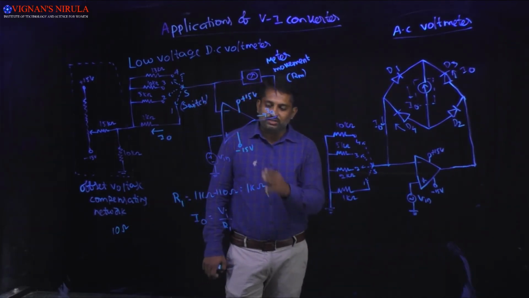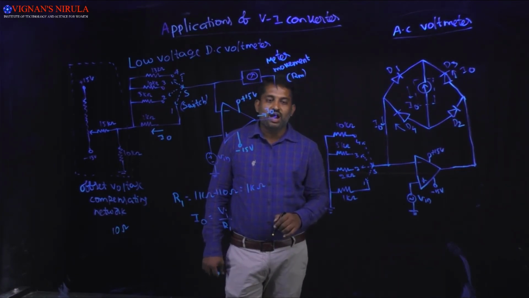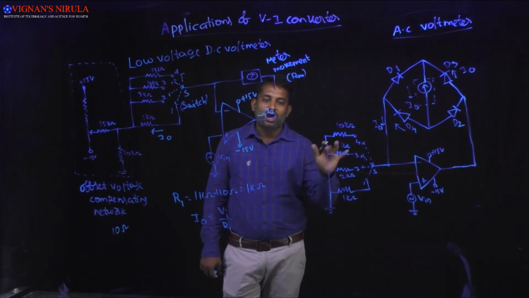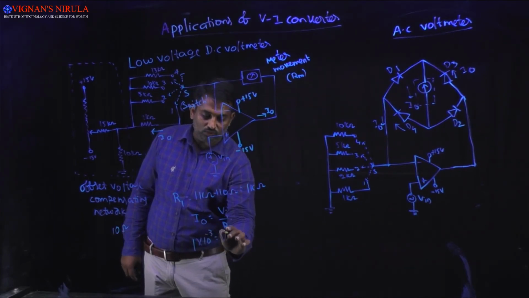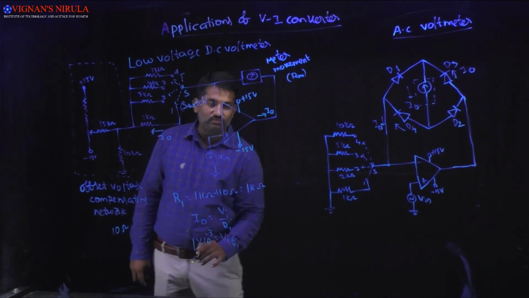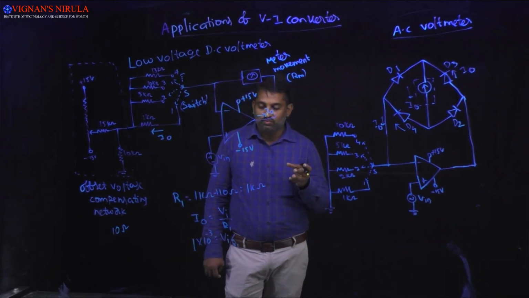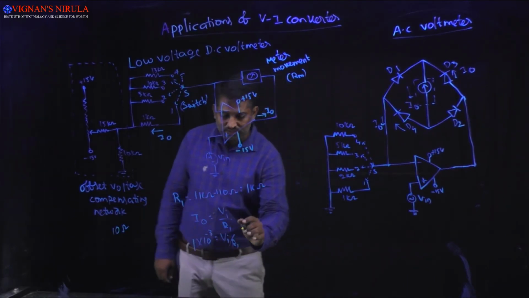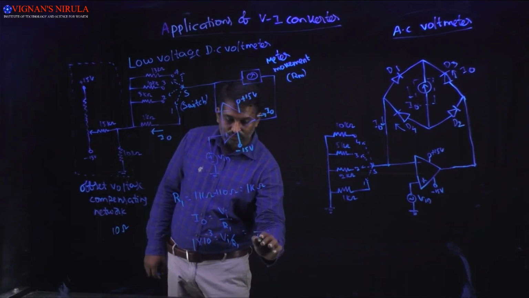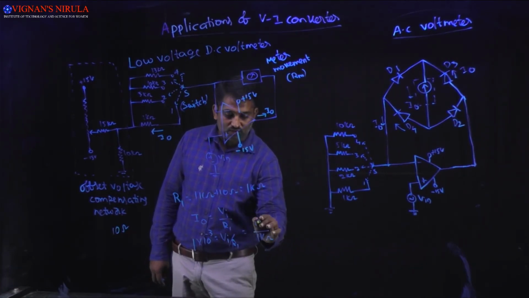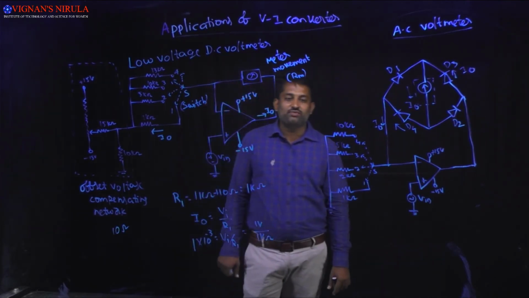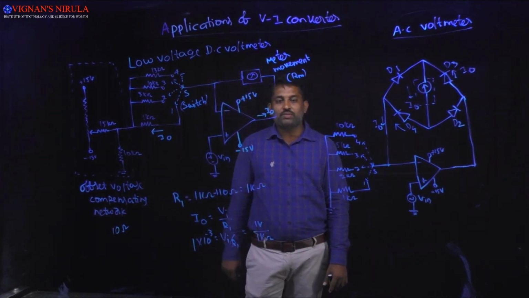And I0 is equal to Vin divided by R1. Suppose the output current is 1 milliampere, so 1 into 10 to the power of minus 3 will be equal to Vi divided by R1. So for 1 milliampere, if you are applying the resistance we already calculated, which is nothing but 1 kilo ohm, and I am assuming the input voltage is 1 volt, then obviously we will get I0 equal to 1 milliampere.